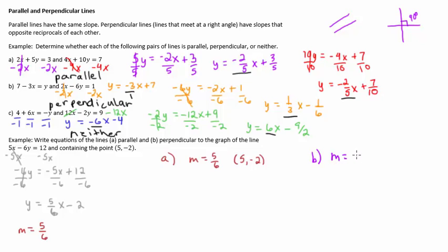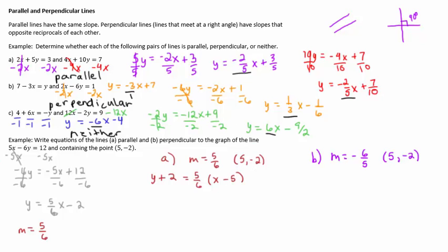So instead of 5/6, I'm going to do negative 6/5. And I'm still going to use the point (5, -2). So let's use point slope form. y minus a negative 2 means y plus 2 equals 5/6 times x minus 5.